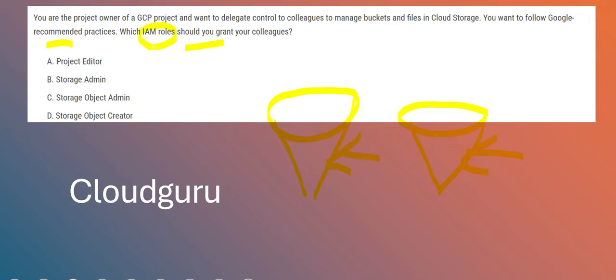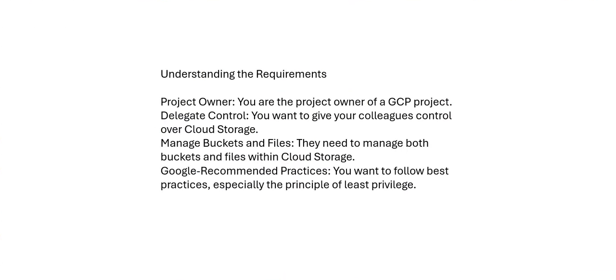In order to understand which roles we should grant, we want to understand what those colleagues will do. What will they do in the bucket? They will manage buckets and files. These two activities they will do. So this is the detailed requirement.